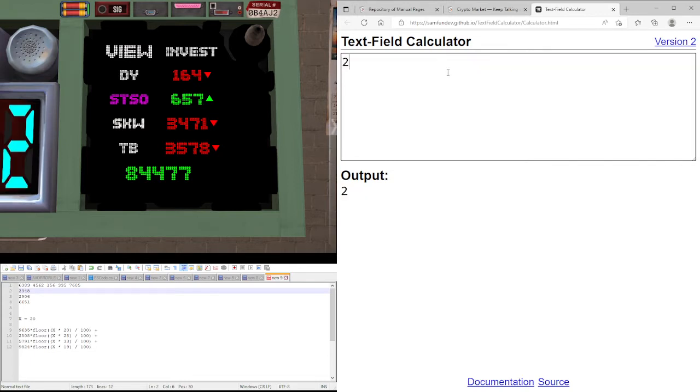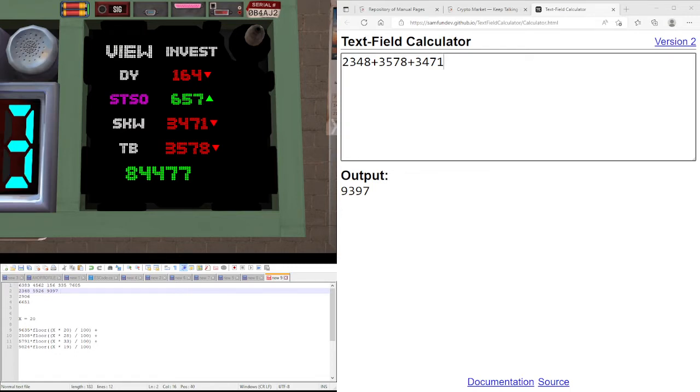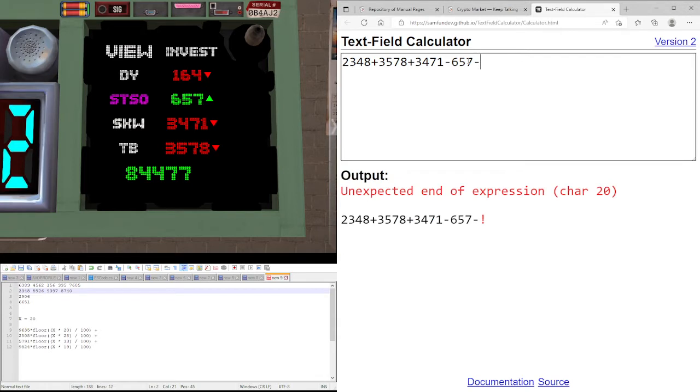So, 2348 plus this one, plus this one, minus this one, and then minus, plus this one.